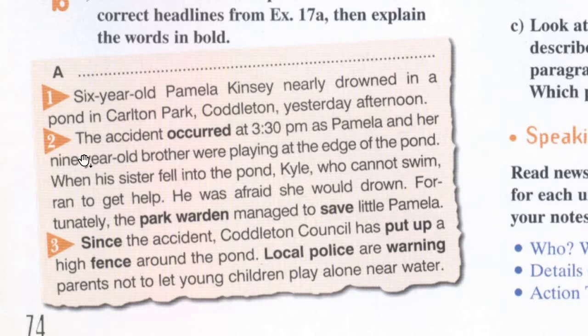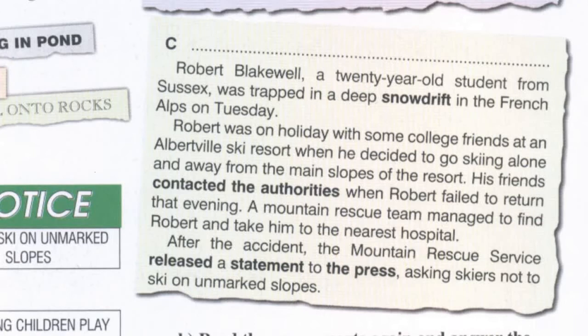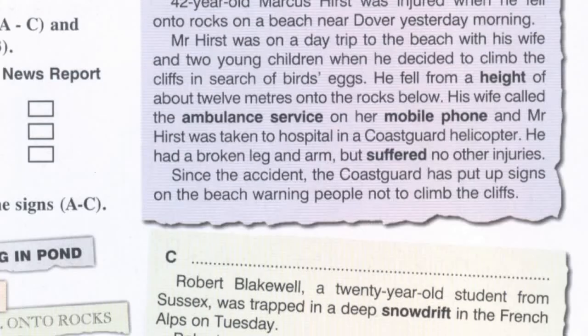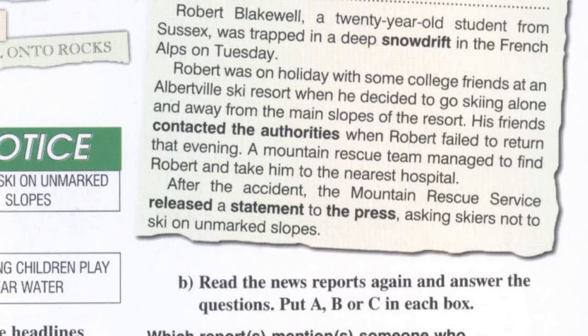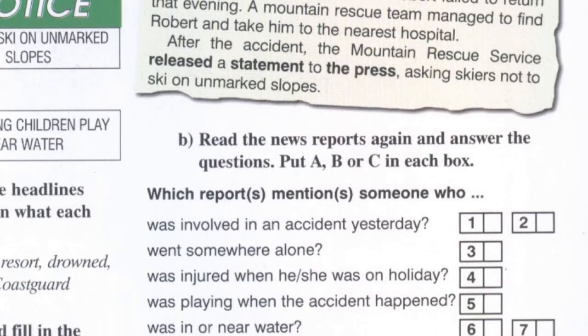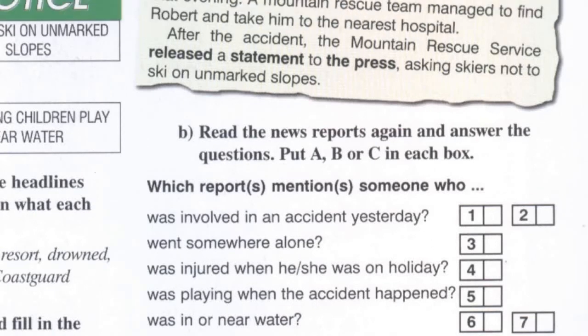Anything you write, just follow the rules. You have to write in paragraphs, as you probably knew from earlier exercises, and then I let you work on these reports on your own. We don't have a problem explaining some of the words, and I don't think you'll have any problem. So look at another situation, which is exercise part B. Read the news reports again and answer the questions and put A, B, C in each box.